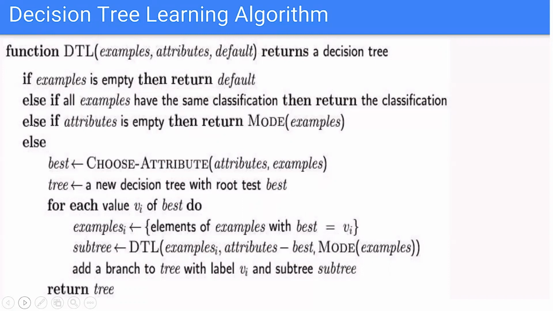Else best is choose attribute of attributes and examples. Create a new decision tree with root test best. For each value vi of best, do: examples_i are the elements of examples with best equal to vi; subtree is DTL of examples_i, attributes minus best, and MODE of examples. Add a branch to the tree with label vi and subtree, and return it.